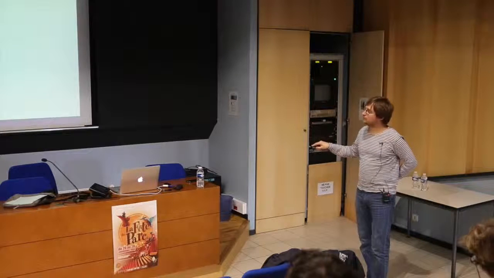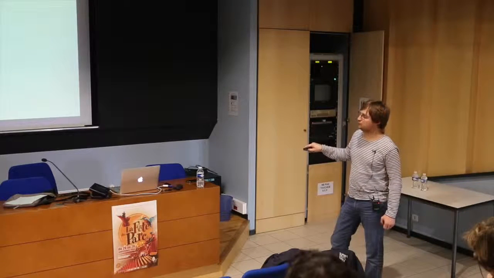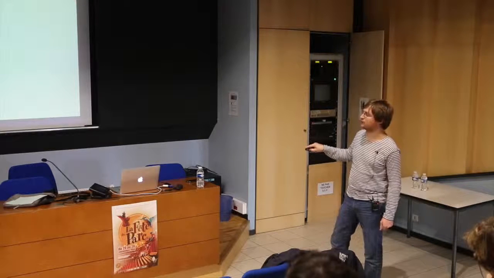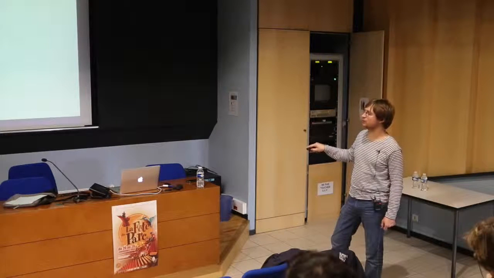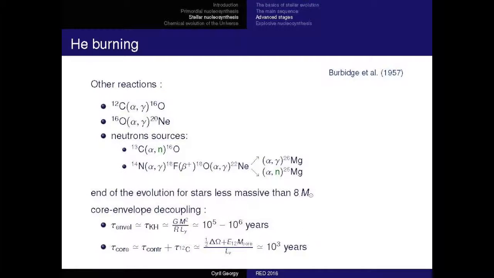On the contrary, what happens in the core is that the typical evolution time scale for the core is the time scale of the contraction and the time scale of the carbon-12 burning. So it becomes typically this kind of thing.